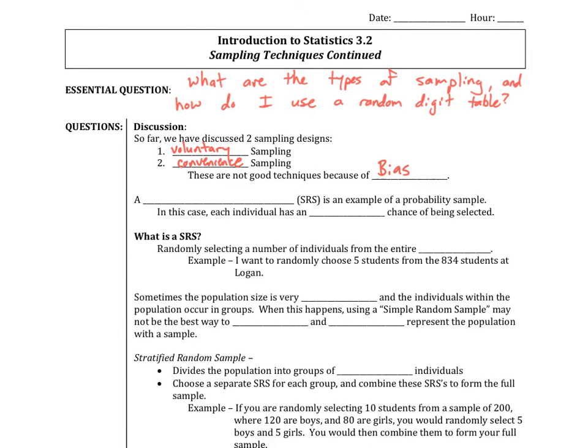So a simple random sample, which is SRS, is an example of a probability sample. In this case, each individual has an equal chance of being picked.